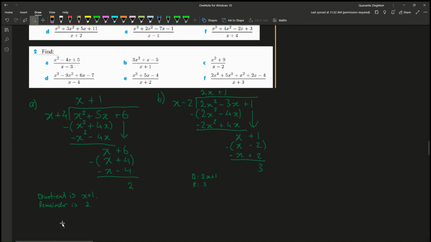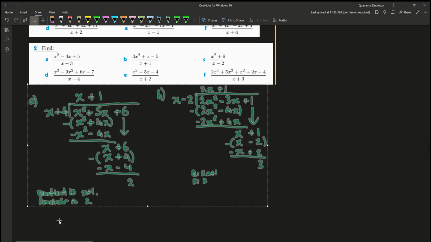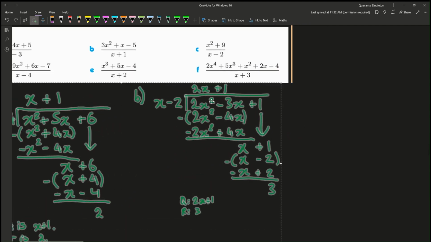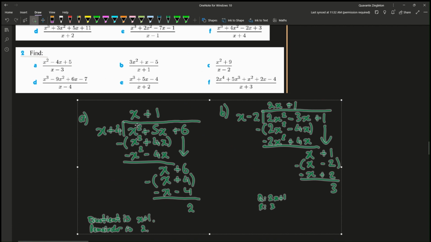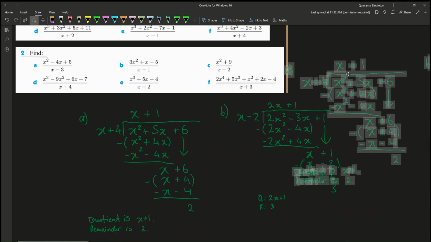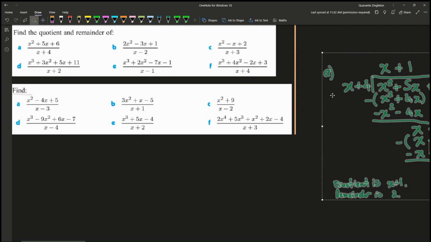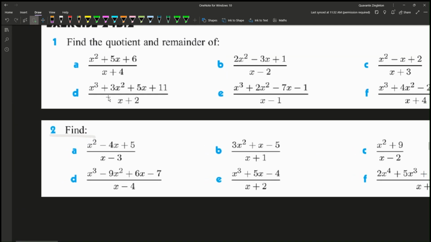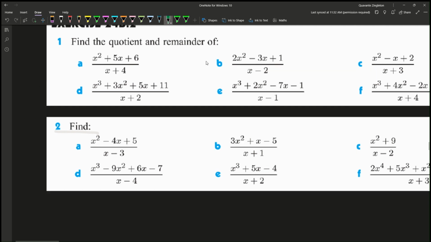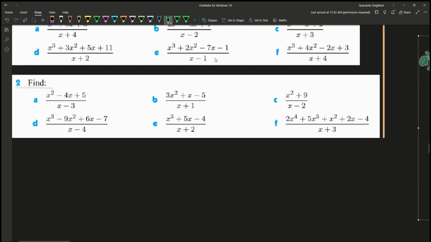Now, I'll try and show you working out for a polynomial with a greater degree than 2. Degree just means the highest power in the equation, and we've only been doing quadratics which have a degree of 2. So we can just check which ones. Okay, so D has a degree of 3. So we can try that one.